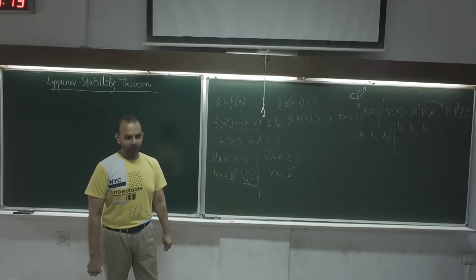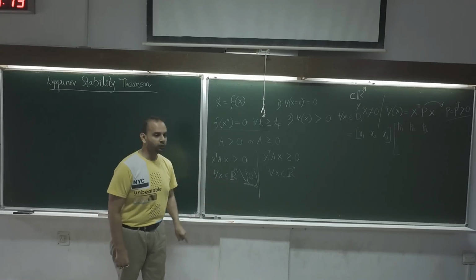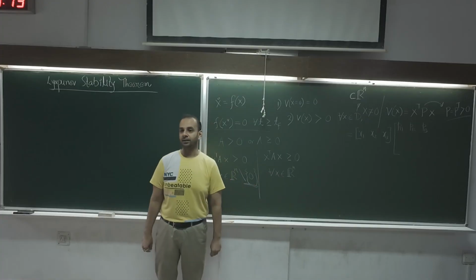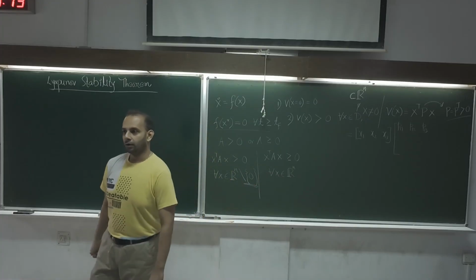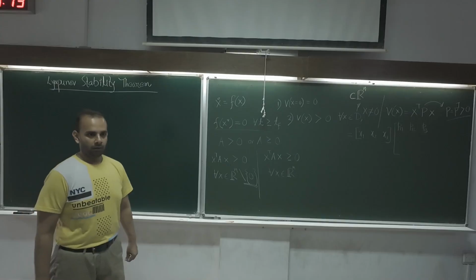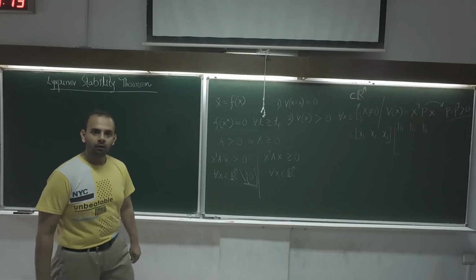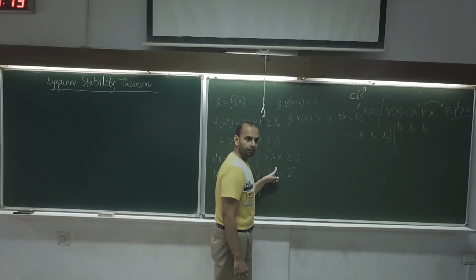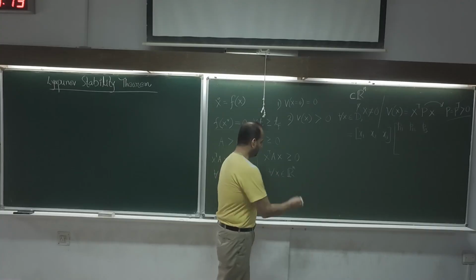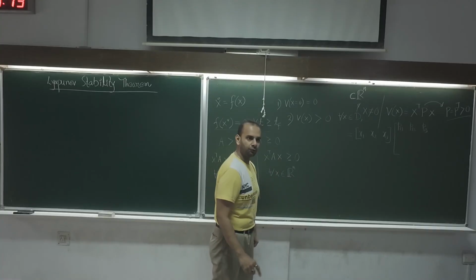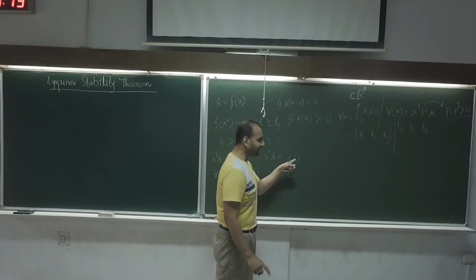Why? Can anybody explain the difference? Here I have to use it, but here it is not necessary. Why? Because for x equal to 0, x transpose Ax is always 0. Here you see it is greater than or equal to 0. That means for some vectors it can lead to 0.